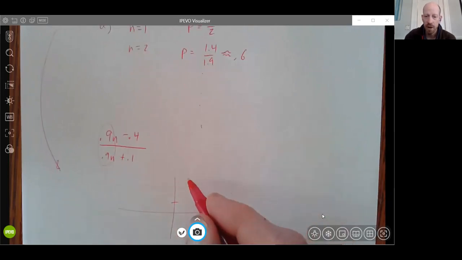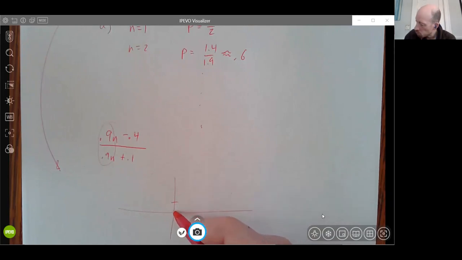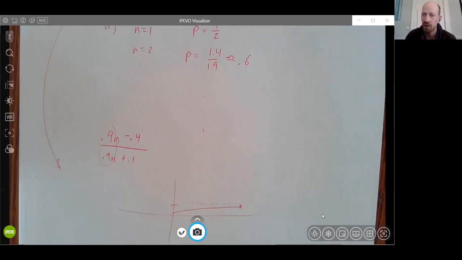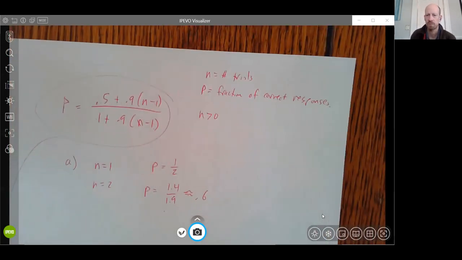So again, not quite knowing what happens in between here, we expect the values to get closer and closer to 1. And remember, P is the fraction of correct responses. So if your fraction is getting closer and closer to 1, that means you're getting closer and closer to 100%, right? The correct responses over the total responses.